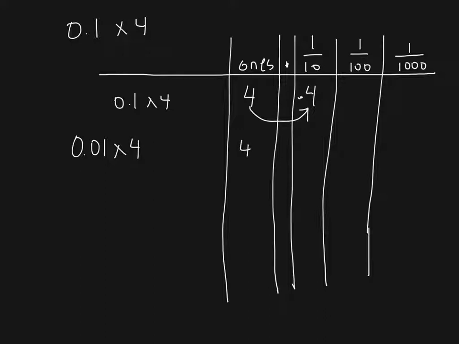So there's my 4. And I'm going to let you think about where that 4 is going to go if I want to find 1/100th of 4. Hopefully right now you're thinking it's going to move over 2 places. This 1 is 2 places to the right of the decimal. So that 4 is going to come over here, and it will become 0.04.